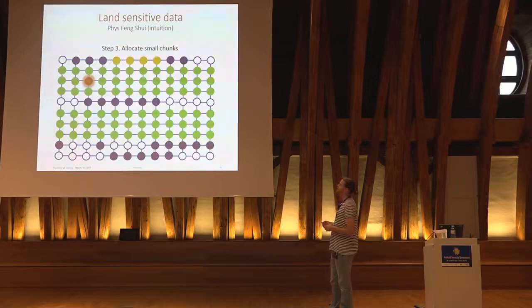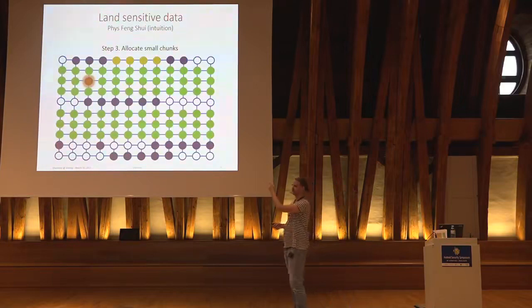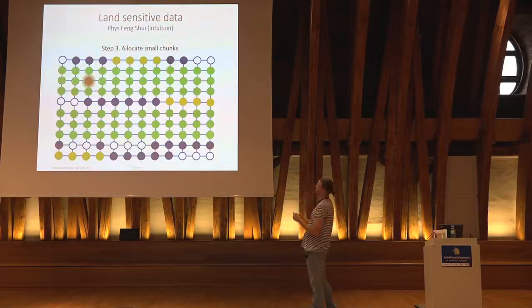Now, in the following step of Drammer, we're going to allocate smaller chunks until all these small chunks are exhausted.